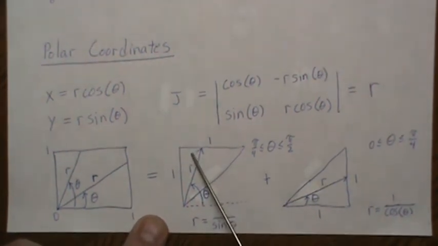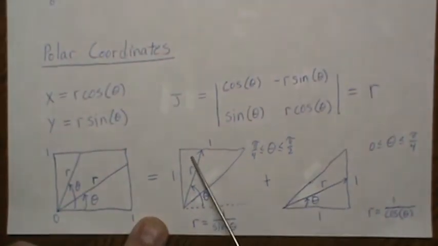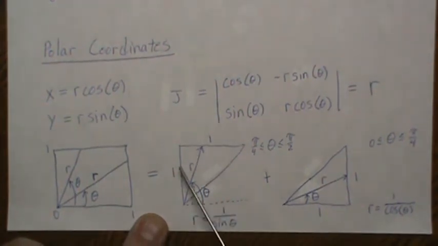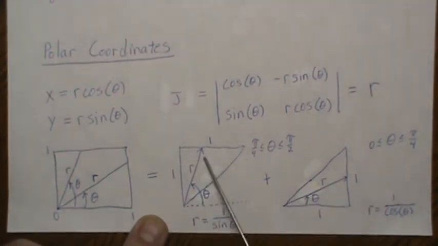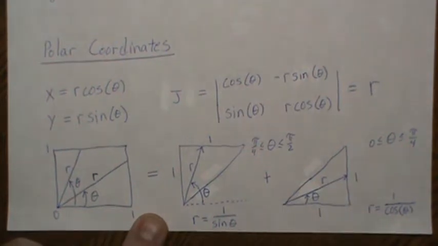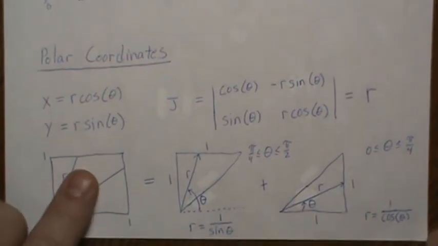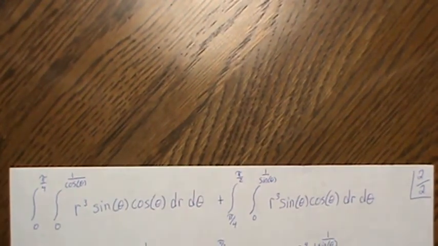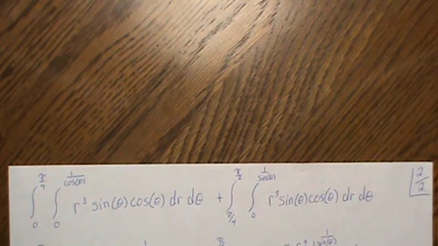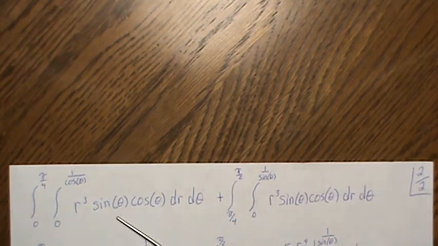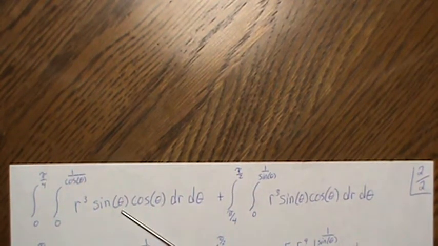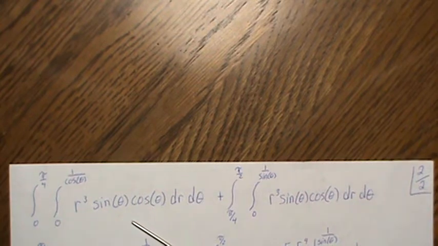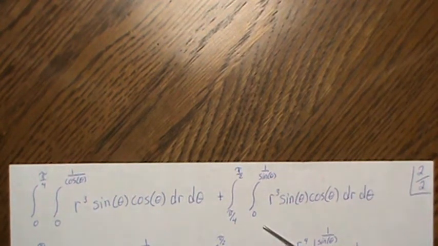And so the sine of theta for this triangle is 1 over r. So then you solve for r, you get r is equal to 1 divided by the sine of theta. And so now we take those pieces of information and we do our integrals. So this is the integral for the lower triangle, and this is the upper triangle.